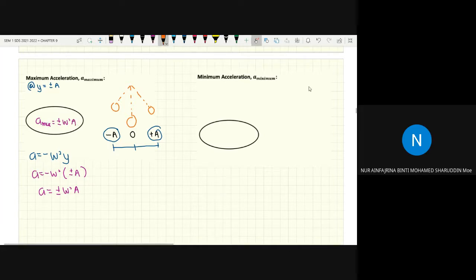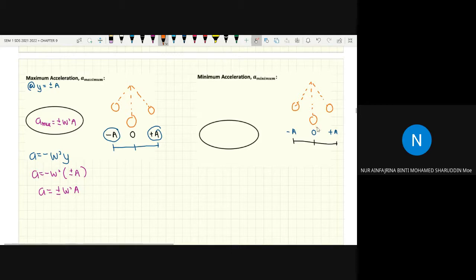Same goes to this one. Minimum acceleration akan berlaku bila velocity is maximum. So contohnya dekat sini negative amplitude, equilibrium position and positive amplitude. Dia akan berlaku kat mana?